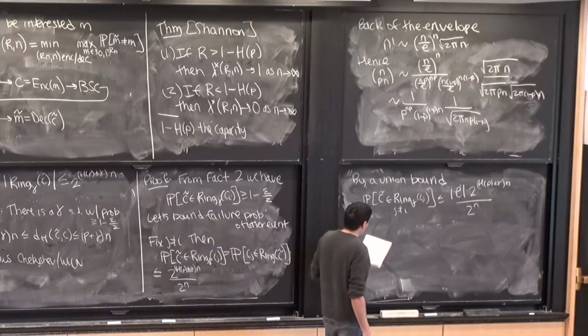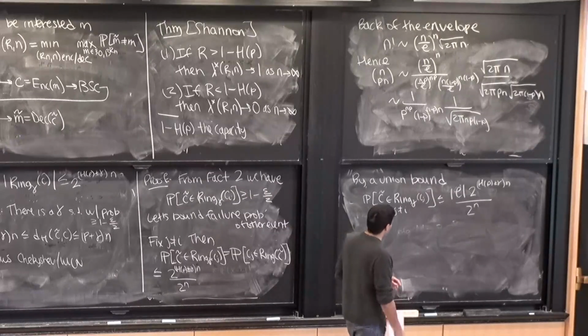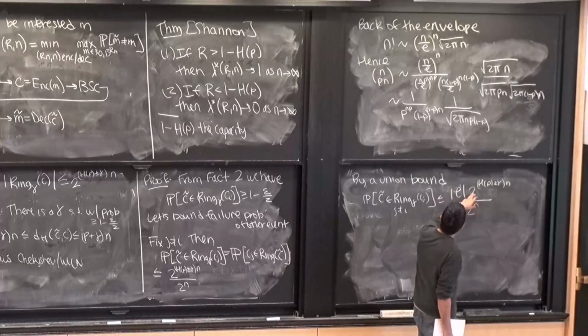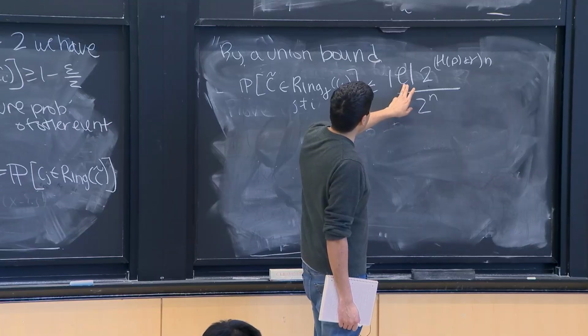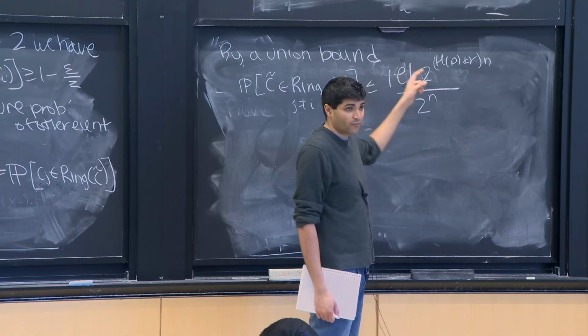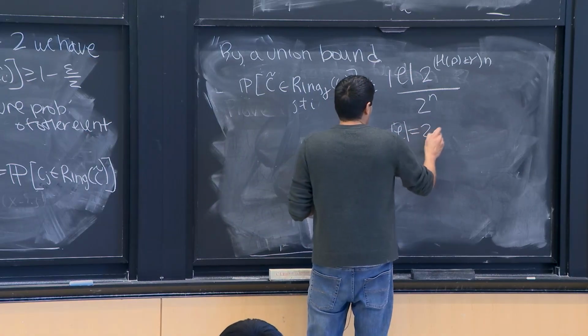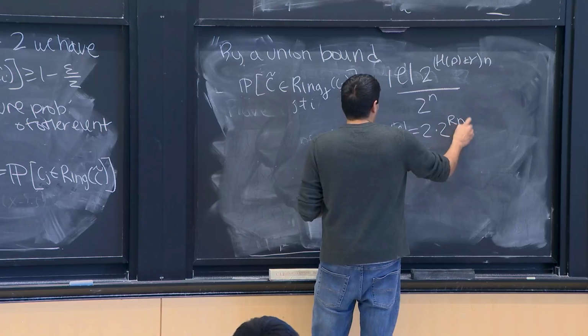And now what we can do, right? If you ignore this gamma, what's going on is my codebook, remember, looks like 2 times 2 to the Rn.